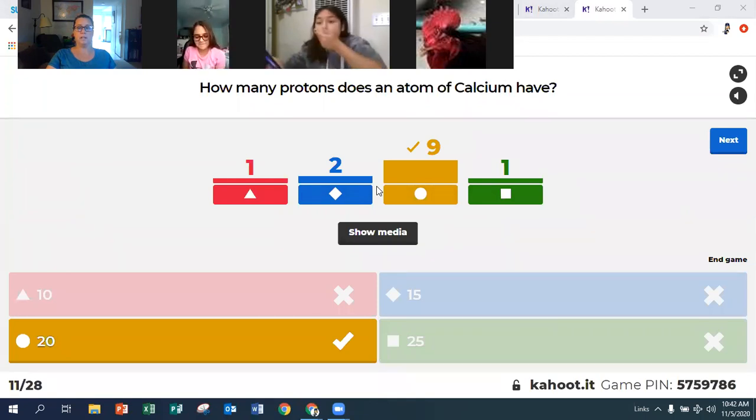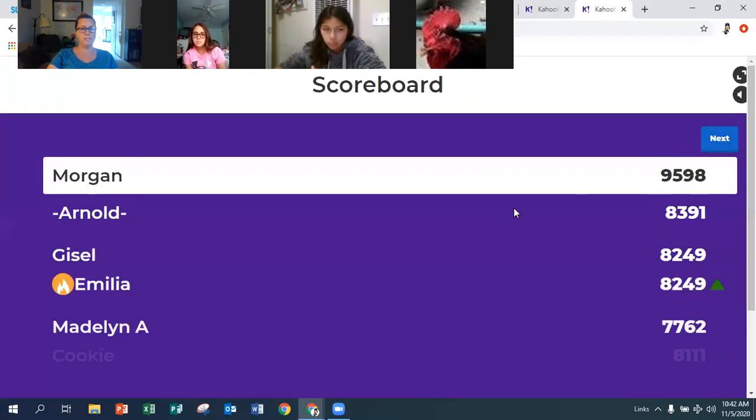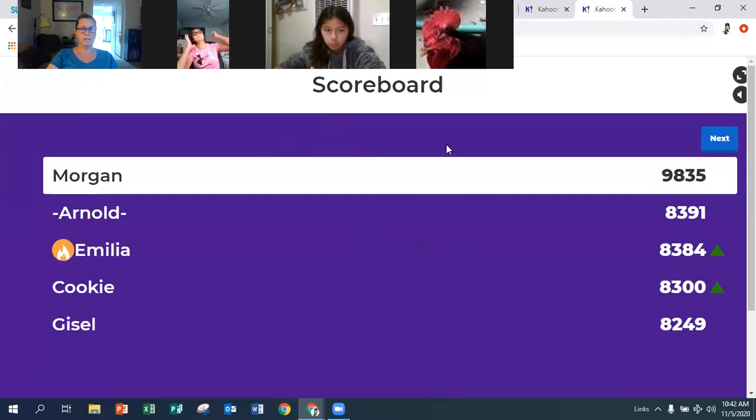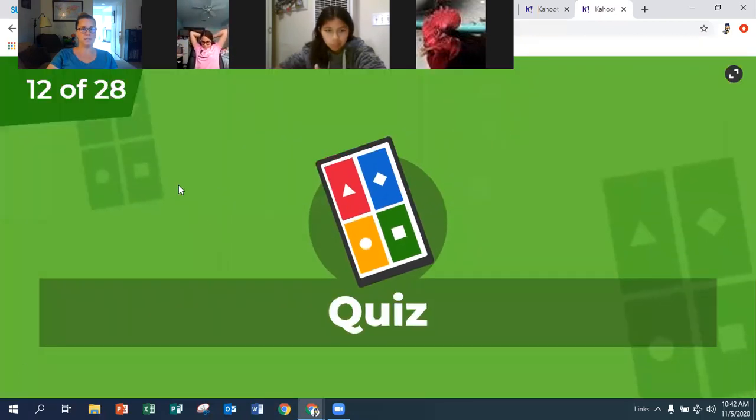Okay, if we're looking at protons, we've talked about this. The atomic number, the number on the top, tells us how many protons there are. It also tells us how many electrons there are. Calcium is number 20 in the periodic table, so it has 20 protons and 20 electrons.